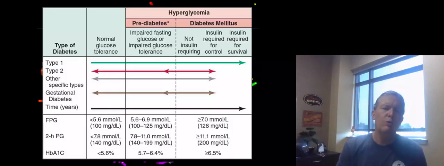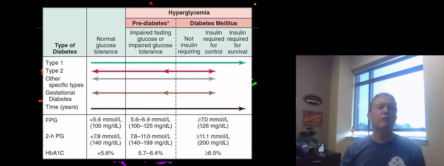In normal glucose tolerance, you can see the fasting plasma glucose here, less than 5.6 millimoles per liter. What you're going to reference is the 100 milligrams per deciliter. Let me just be more clear.